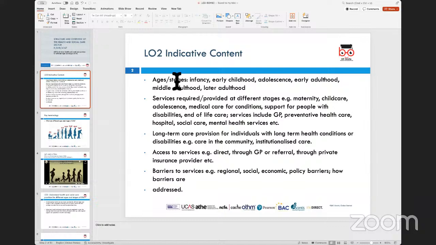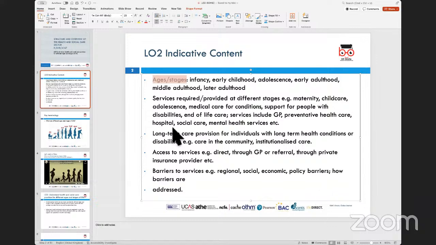There are identified stages through which every human goes: infancy, early childhood, adolescence, early adulthood, middle adulthood, and later adulthood. So these are 6 stages that we are going to be looking at, building our understanding as we go along to cover some of the assessment criteria.